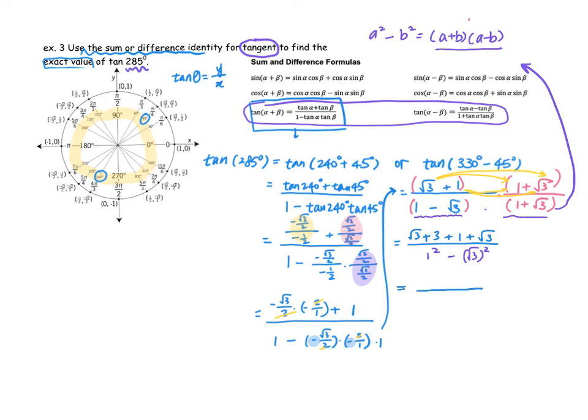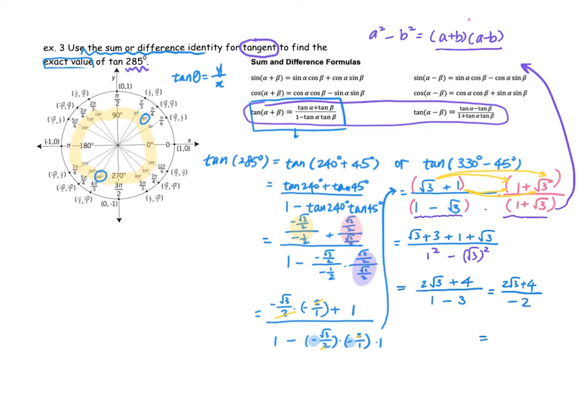What is in the numerator now? I have a radical 3, I have a radical 3, so together I have 2 radical 3. 3 and 1 together, I have 4. 1 squared is 1, minus radical 3 squared is 3. Okay, so 2 radical 3 plus 4 divided by negative 2.